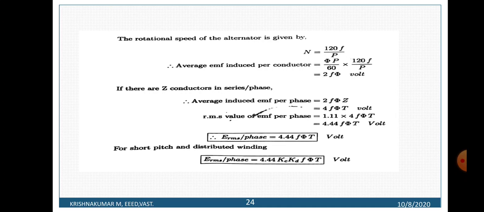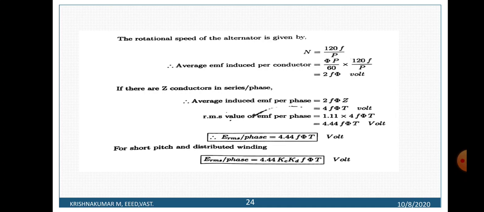So substituting N equal to 120 f by P in the average EMF induced per conductor, phi P N by 60, we get phi P by 60 into 120 f by P. Since 120 divided by 60 is 2 and P cancels, the average EMF induced per conductor is equal to 2 f phi volt.